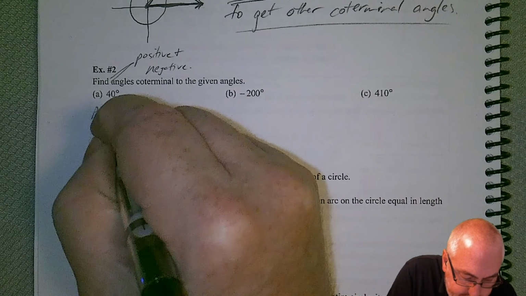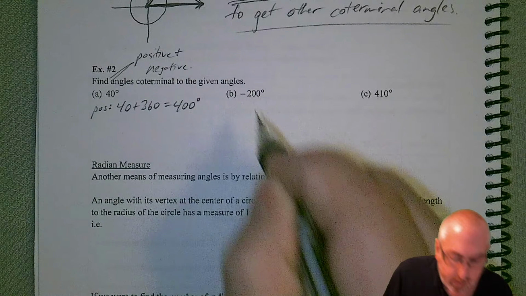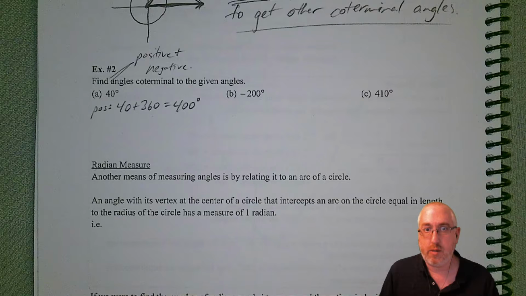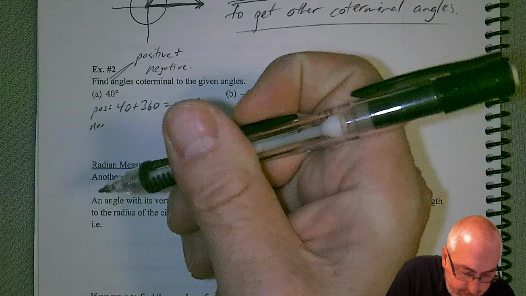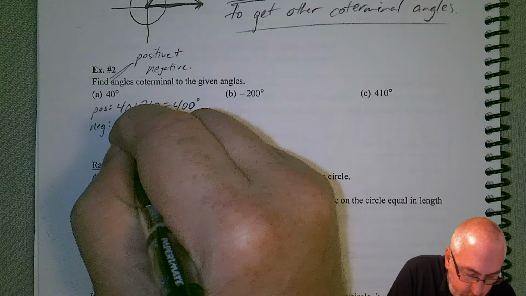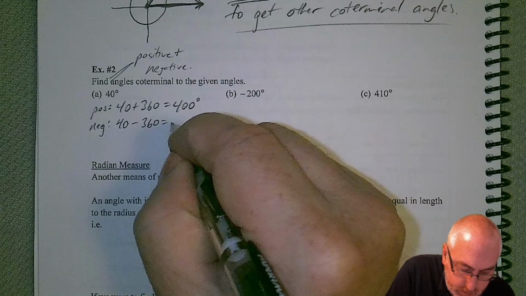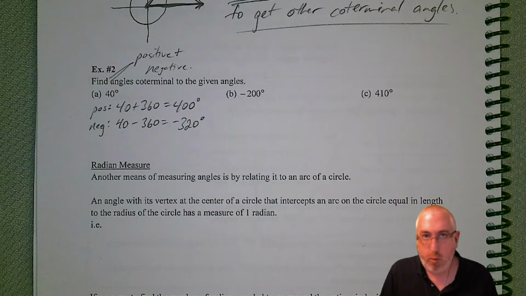So our positive should be 40 plus 360, which is 400 degrees. So that should be coterminal to our original angle of 40. And if we wanted a negative one, you guessed it, we're going to have to subtract 360. So negative 320 degrees. Very, very quick. Multiples of 360 and you're good as gold.